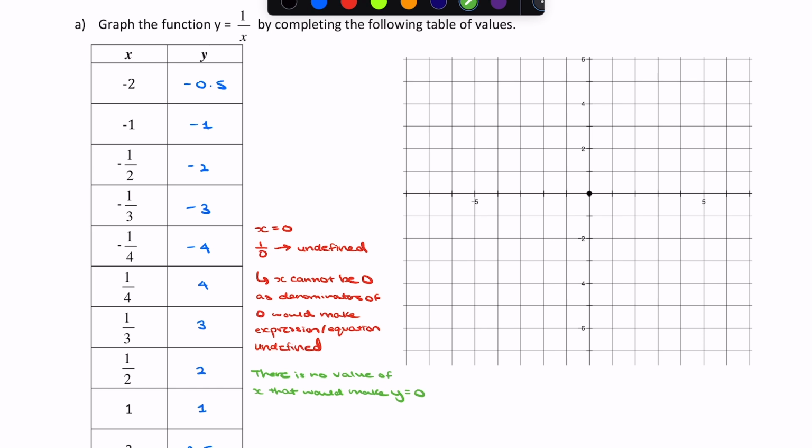We have an asymptote at x = 0 and y = 0. We'll note that with a dotted line, and we'll explore more about asymptotes later. So here we have two asymptotes, when x = 0 and also when y = 0.